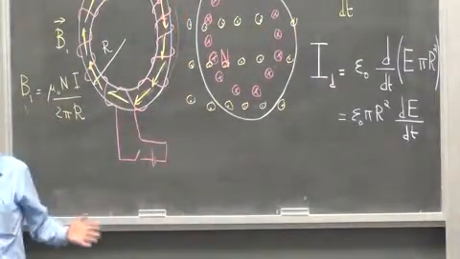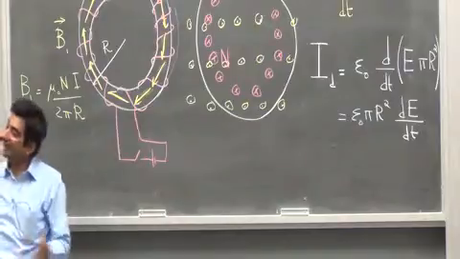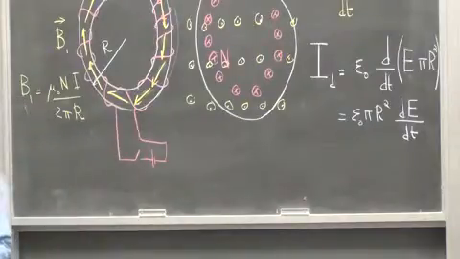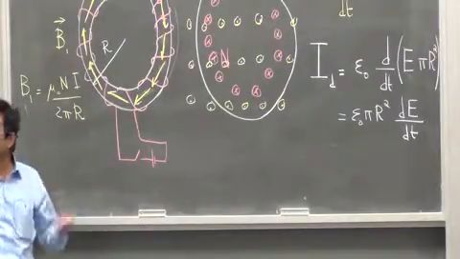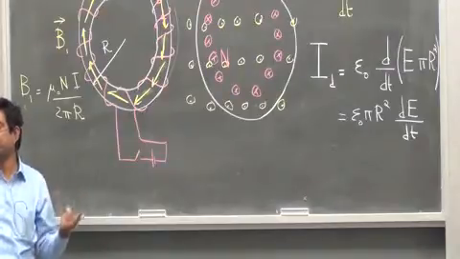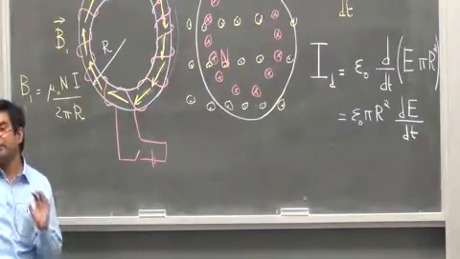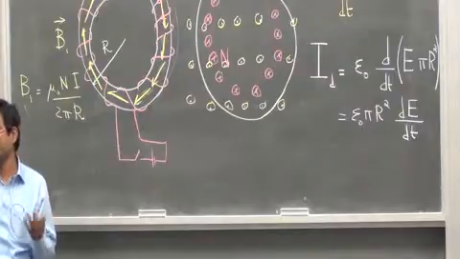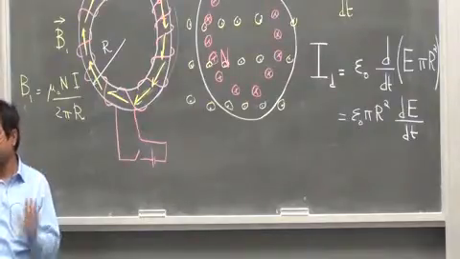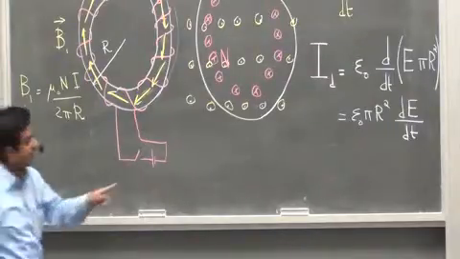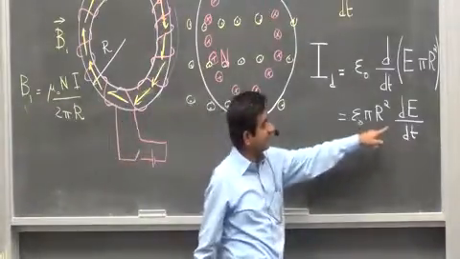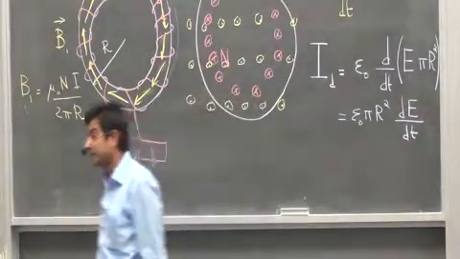It will not exist. However, if I apply an electric field, I don't need to apply a battery. I don't need to apply a conduction current that's flowing through the circuit. The changing electric field will play the same role as played by a conventional conduction current. Okay, and I can calculate what this displacement current is. It's proportional to the changing electric field.